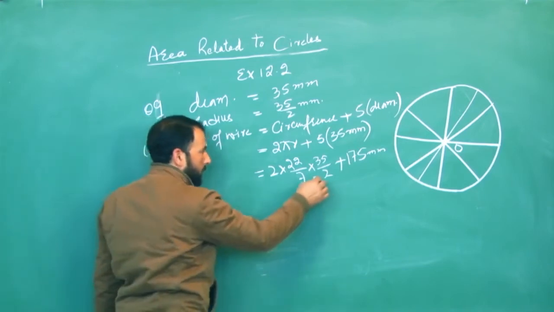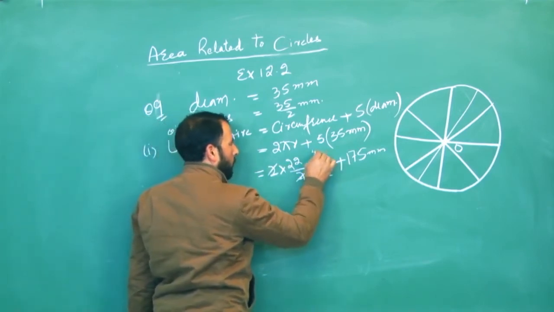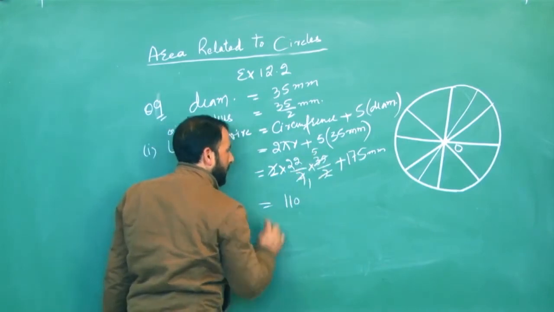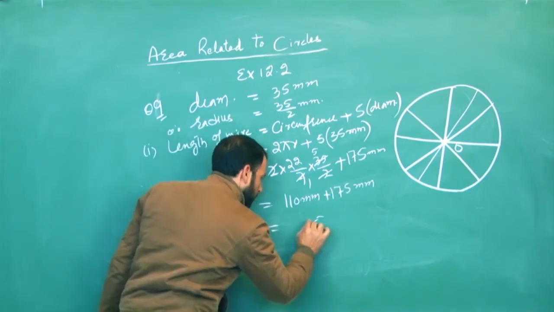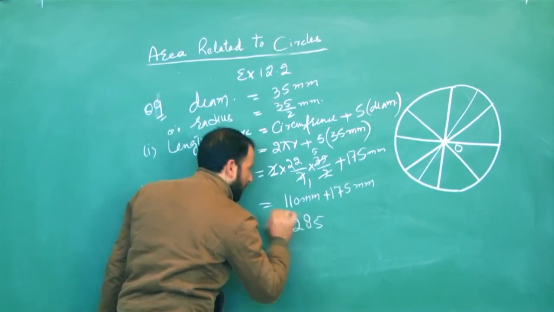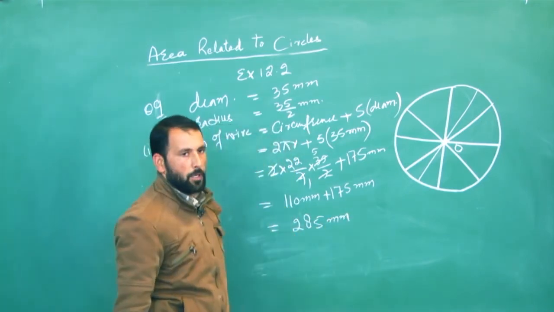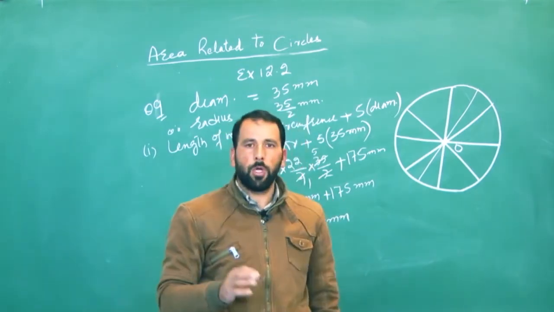Here we can cancel this 2 and 2, and 7, 1, 7, 5. Here it is 22 into 5 is 110 millimeter.